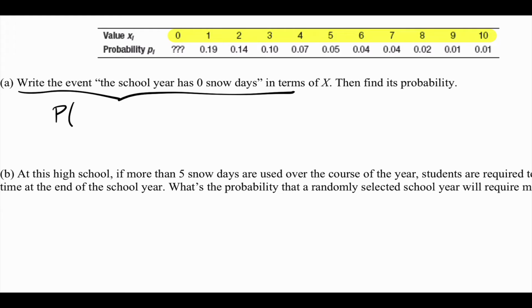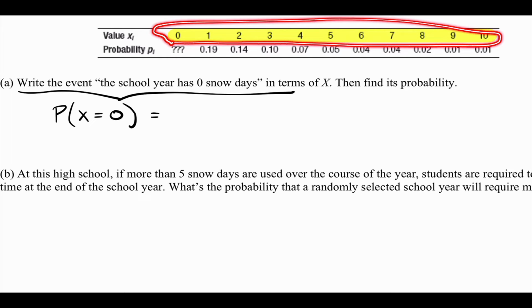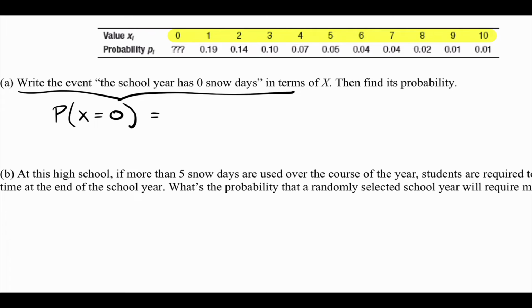So what we're trying to find is the probability that x, because all of these are x, is 0. That one right there. We did this last chapter, in chapter 5. How did I figure out the missing part?